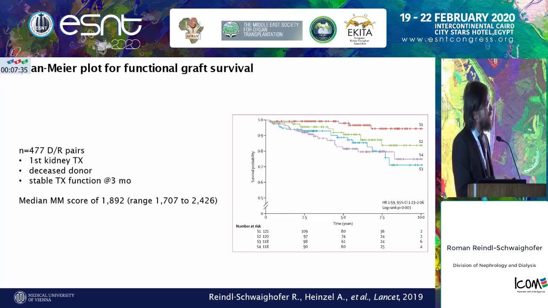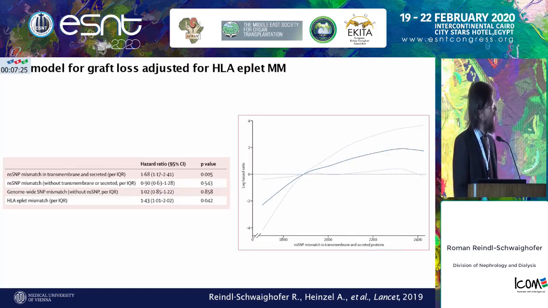When we plotted it in the quartiles of mismatch, we could see that those that had the least mismatch had the best graft survival compared to those individuals with a higher level of mismatch. This transmembrane and secreted protein mismatch was significantly associated with graft survival, also when we adjusted for the HLA epitope mismatch as described before.